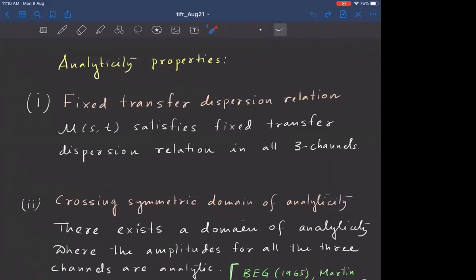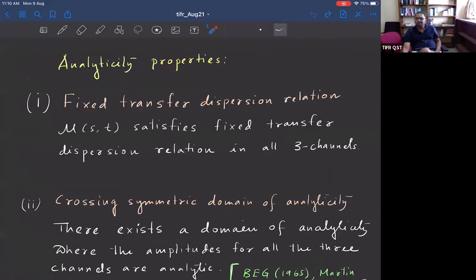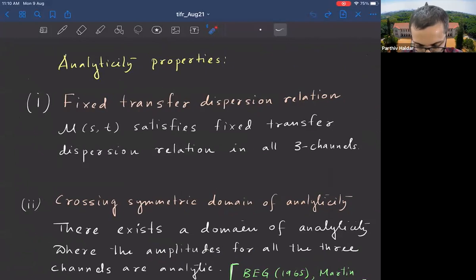Sorry, Parthiv. Now that you are talking about the analytic structure of the amplitude, some information about the analytic structure is also obtained by causality, right? Yes, causality. Right.